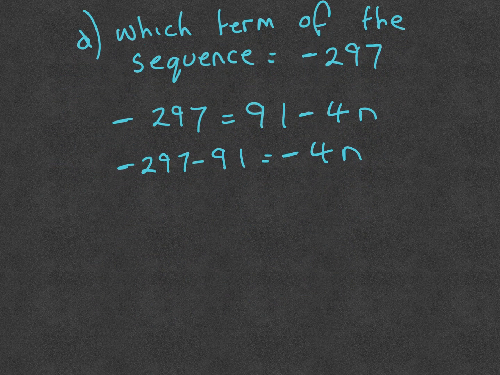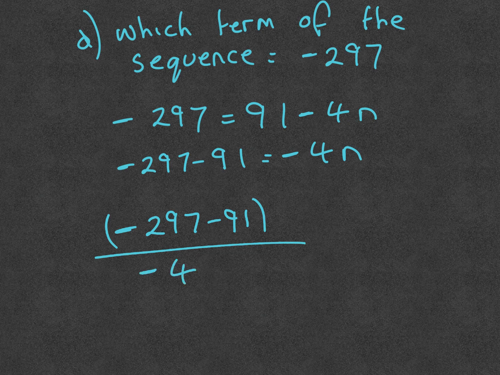Then negative 297 take 91, divided by negative 4, is going to be equal to n, which is our term number. What this equals is n is equal to 97. So it's the 97th term which will be the number negative 297 in this sequence.